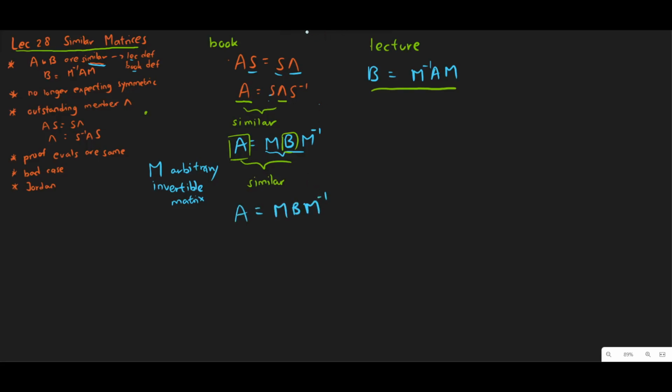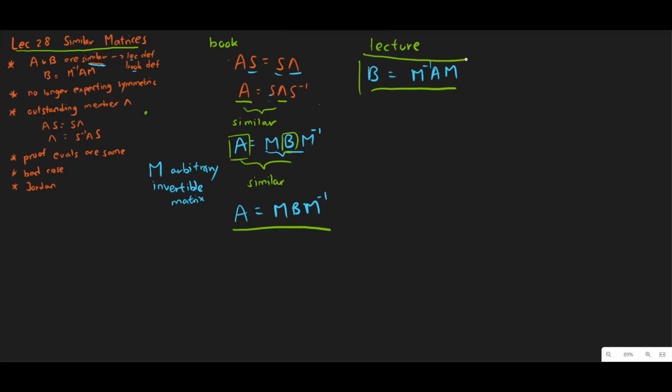Notice the location of M inverse is different, but they're telling you the same thing, so the point stands. They're both correct. It is just another way of saying that B is similar to A, or A is similar to B, which are really interchangeable. So the definition of A and B being similar is either this or this, and let's stick with the one in the lecture first.